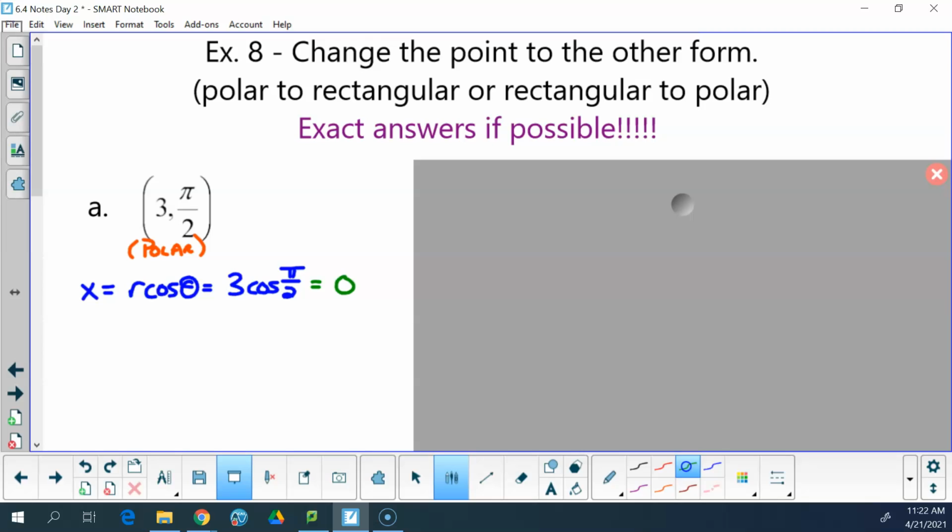So the x part is 0. Then we have to figure out the y part. Our sine of theta, 3 sine of pi over 2. Sine of pi over 2 is 1, times 3, 3. So the rectangular point for this same location would be 0, 3.